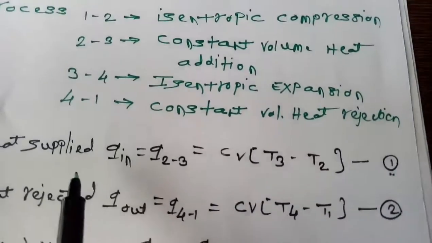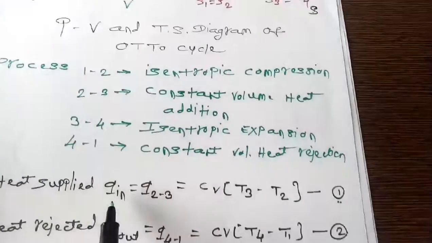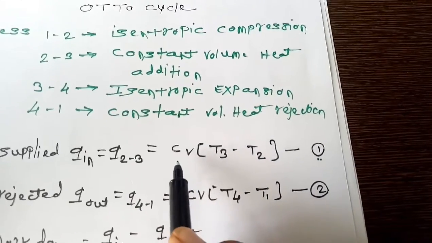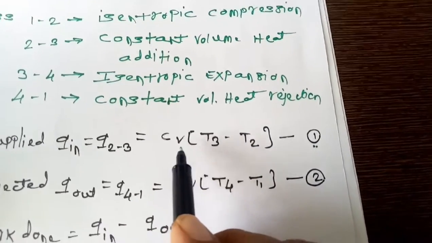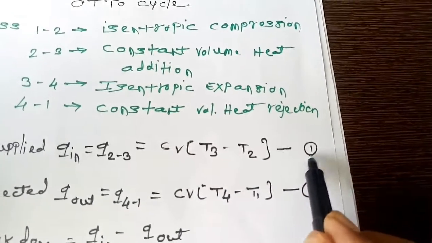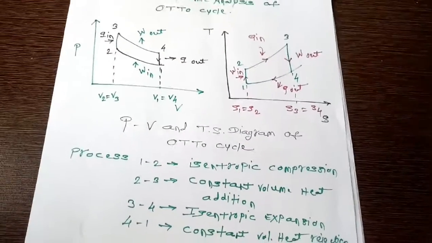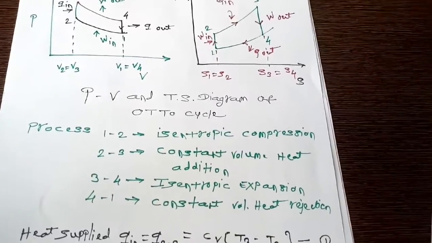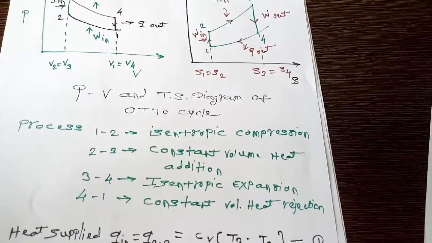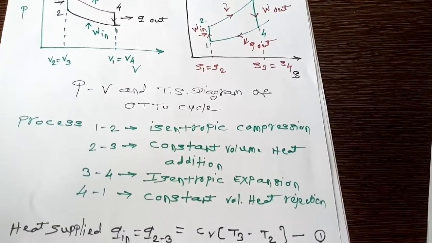So heat supplied during the process, Q in, is equal to Q23, that can be expressed as Cv (T3 minus T2). Let us see, this is equation 1. Similarly, heat rejected during the cycle, Q out, is Q41, and that is equal to Cv (T4 minus T1).